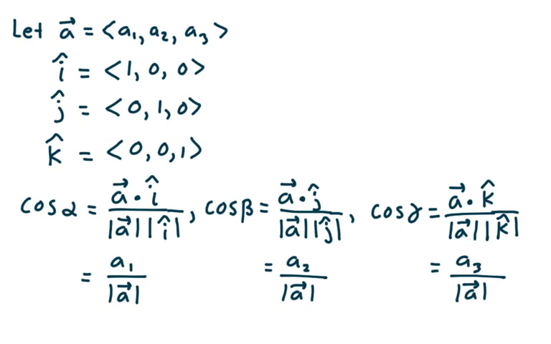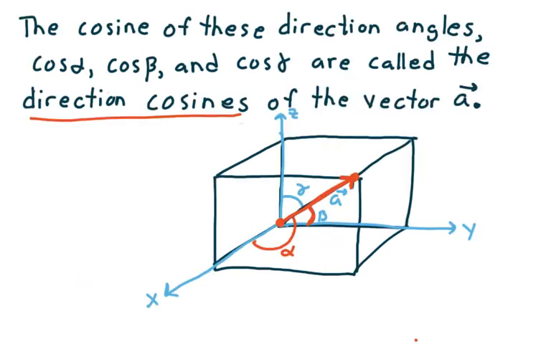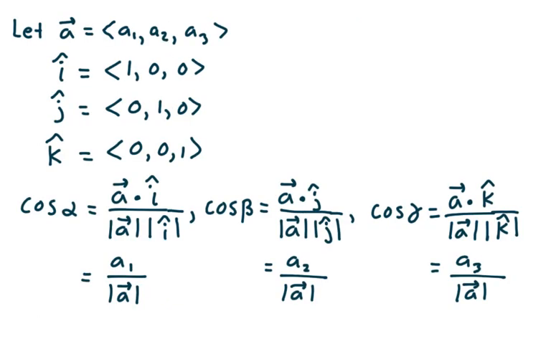Let A equal the vector A1, A2, A3. Now, what I want to do is choose a vector along the positive x-axis, and a convenient choice would simply be i, which is equal to the vector 1, 0, 0.